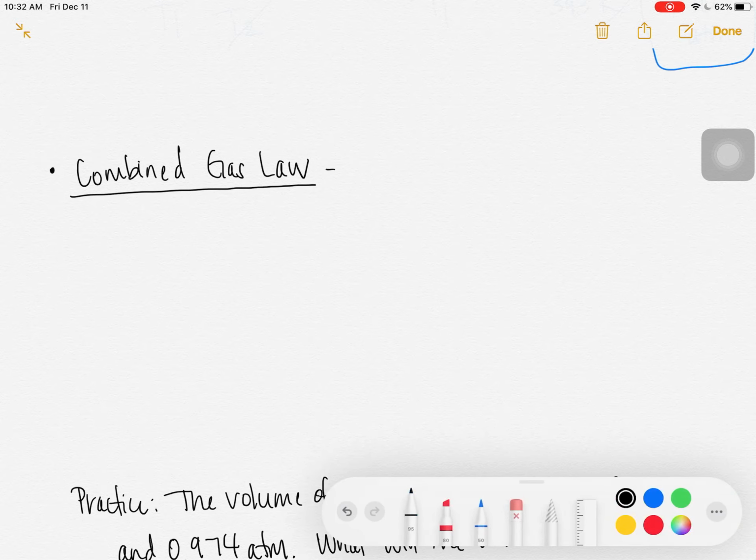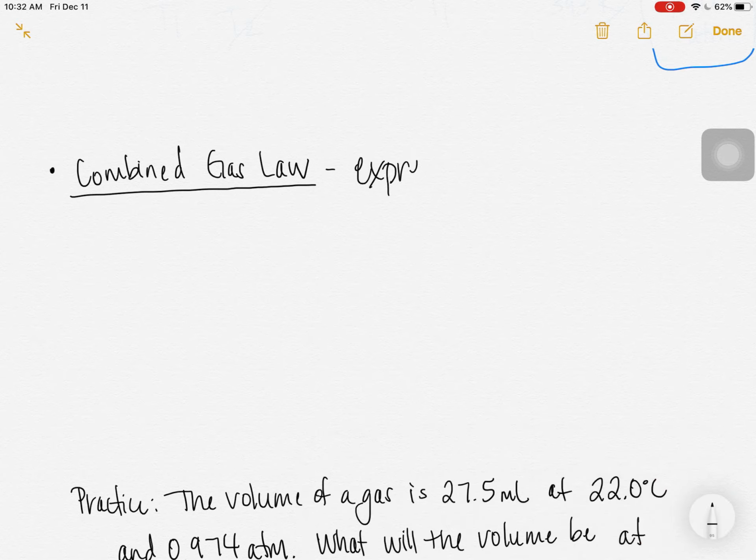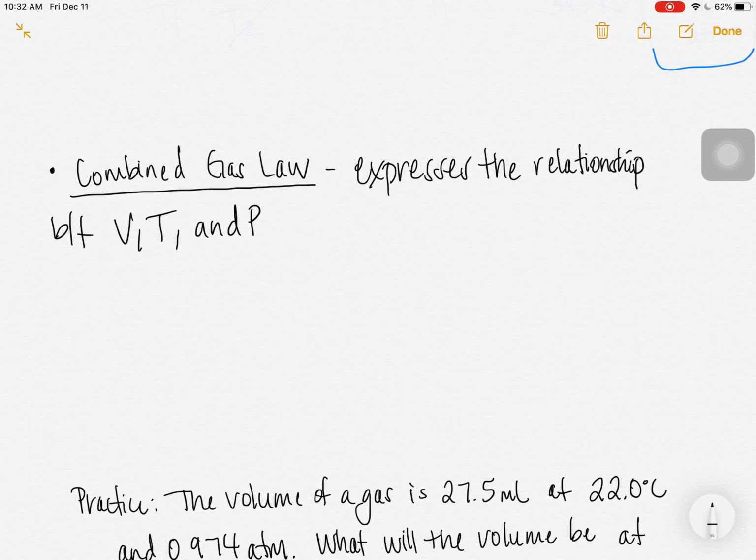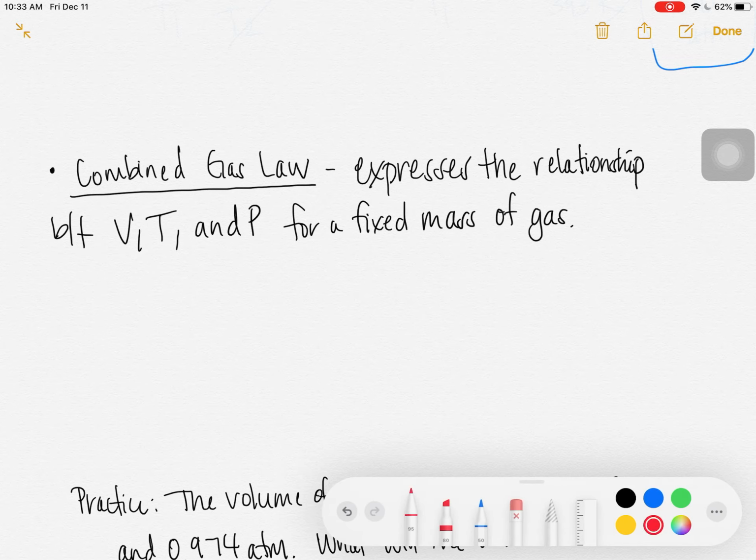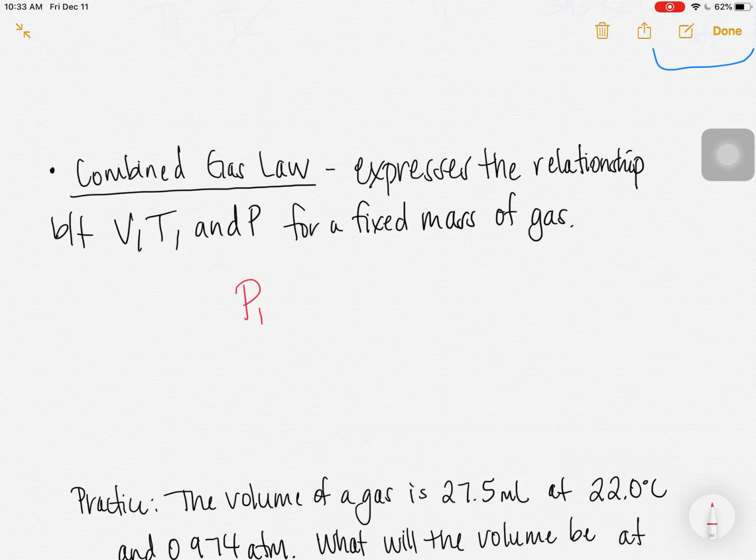Okay, and then there's one more law left, which is a little bit different, but it is called the combined gas law. And as you might guess from its name, it combines the other three laws together. So it expresses the relationship between V, T, and P for a fixed mass, meaning it's not changing, of a gas.